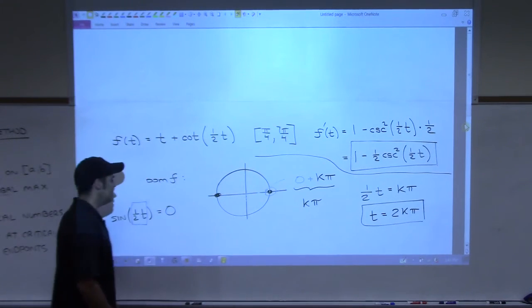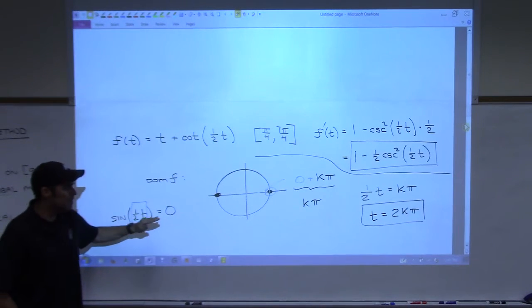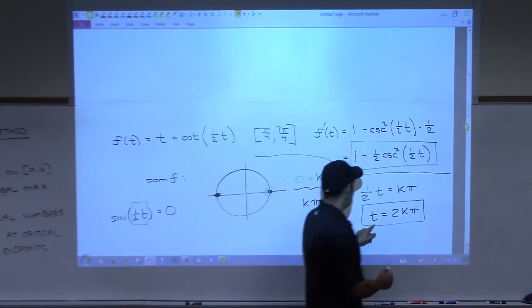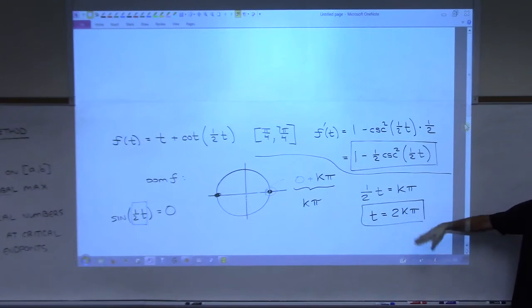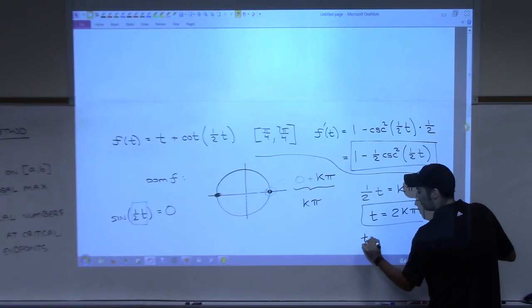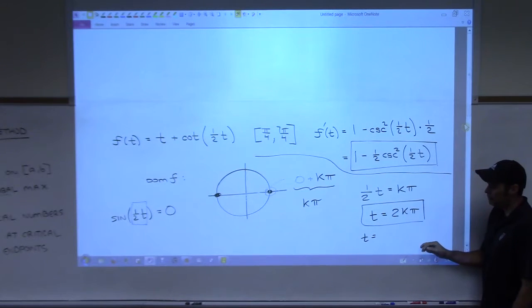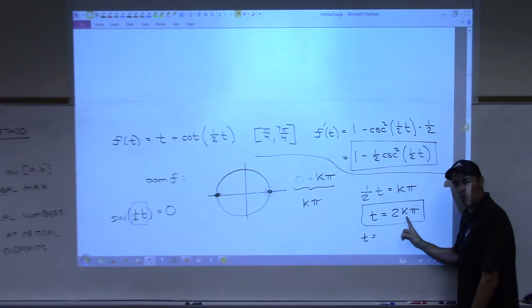So sine of this junk in here is going to be equal to 0 if I ever plug in for t 2 pi k. So can someone just list off for me right now the t's that would cause a major problem with this function? Give me one of them. If t is what? 2 pi? That's you just plugging 1 in for k, right?